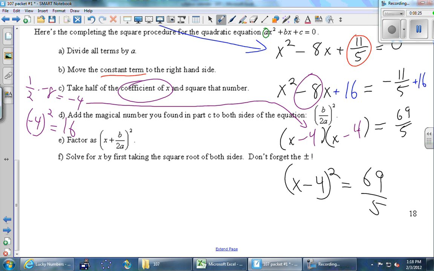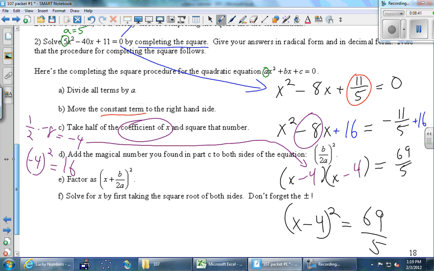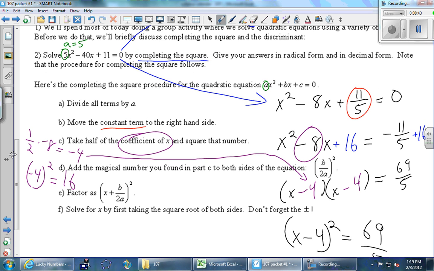But before we finish, I just want to pause and say that in part E here, we didn't read it, but it's a little shortcut. It says factor as x plus b over 2a squared. Okay, there's a lot of symbols happening in there. But that b, let's see, so how much was b? A was 5. How much was b? B is -40, yeah.